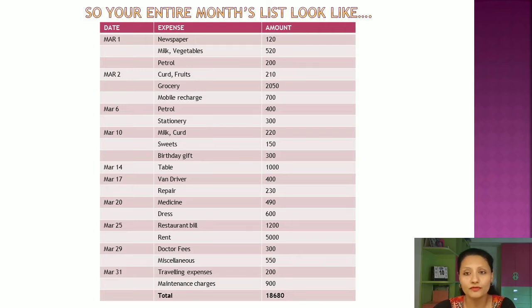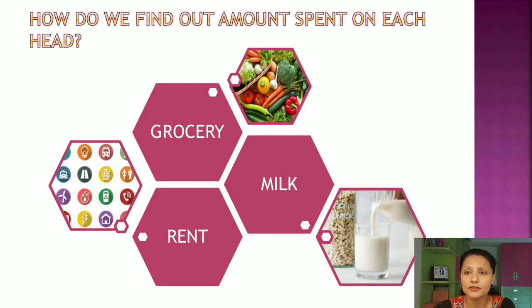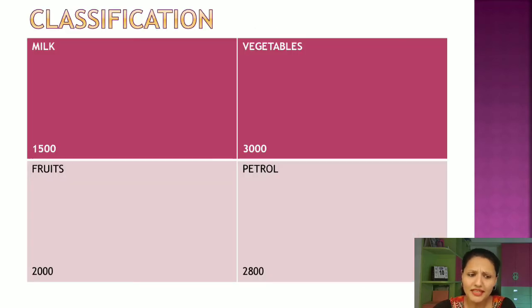But what if I want to find out the total amount spent on a recurring item like milk, petrol, or grocery, which I keep spending on a regular basis? Do I read the entire journal for each and every item? It's pretty tedious. So to make our lives easy, the next step is to classify these things into various accounts. We can keep a dedicated page for each of the heads of expense.